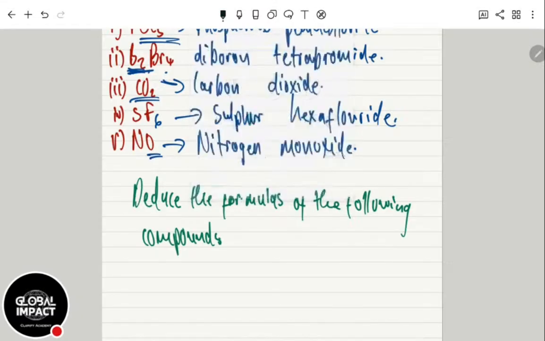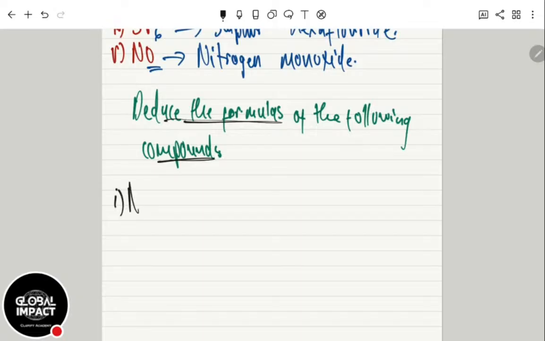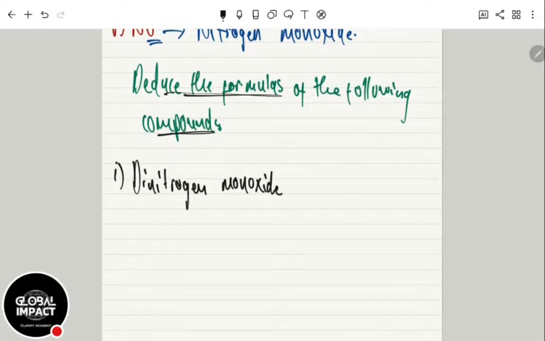Here, what are we going to say? Deduce the formulas of the following compounds. How do you deduce the formulas? Let's see the compounds they want. It's going to be dinitrogen monoxide.